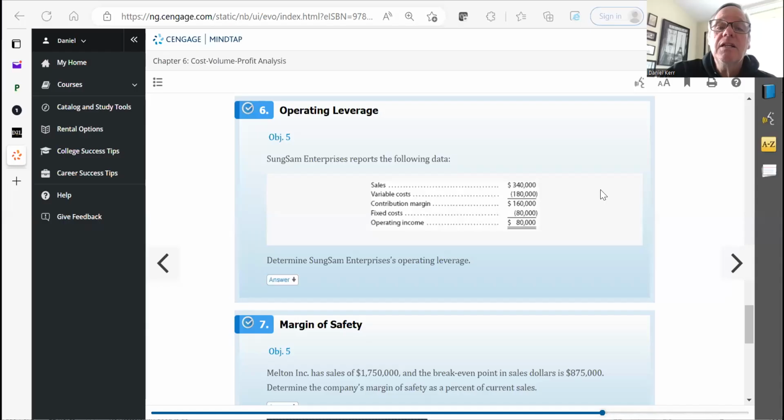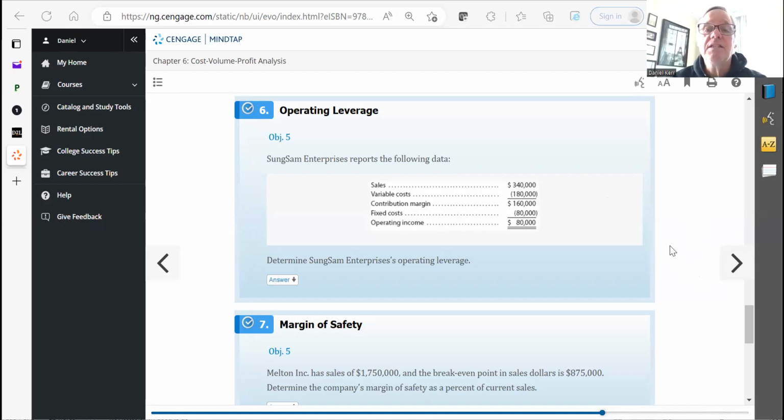There we go. So I'm looking at this electronically, whether you use your electronic textbook or the paper textbook. Number 5, you've got this information about Sung Sam, as opposed to Samsung. Sung Sam has the following data, and they want you to calculate their operating leverage. So remember, the operating leverage is the relationship between the contribution margin and the operating income.